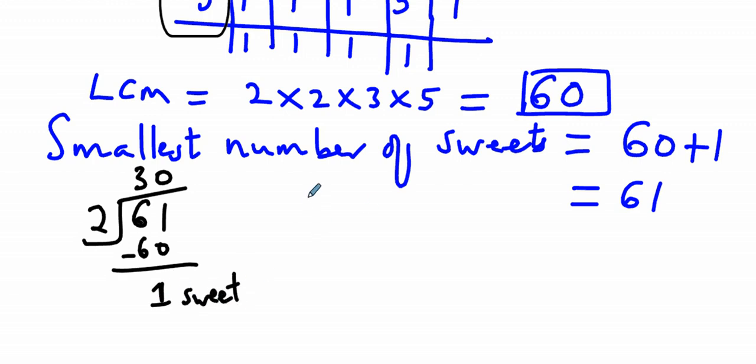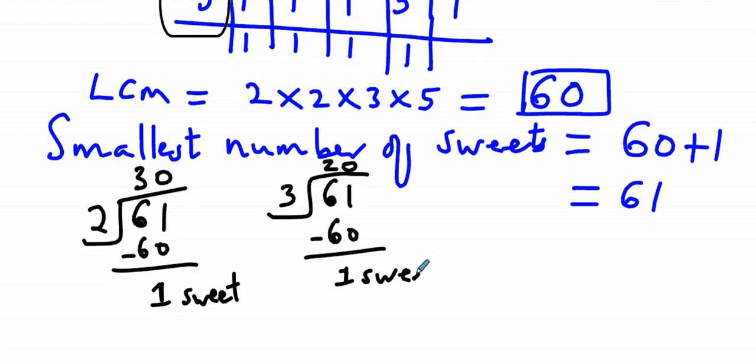Okay. Let us say 61 shared among 3 people equally. 61 divided by 3 comes to 20. 20 times 3 is 60, and the remainder will be 1 sweet.